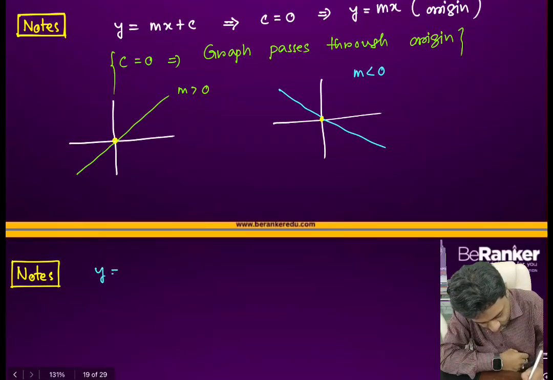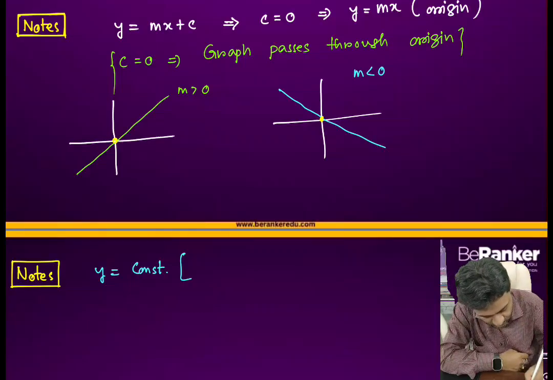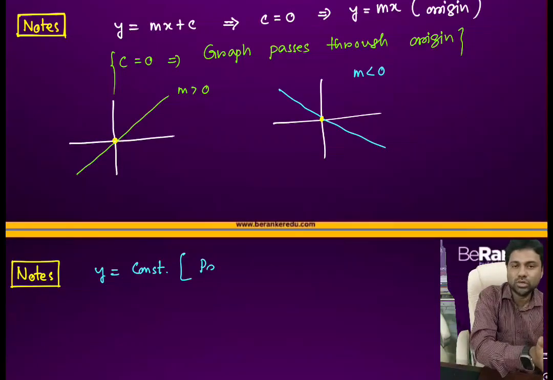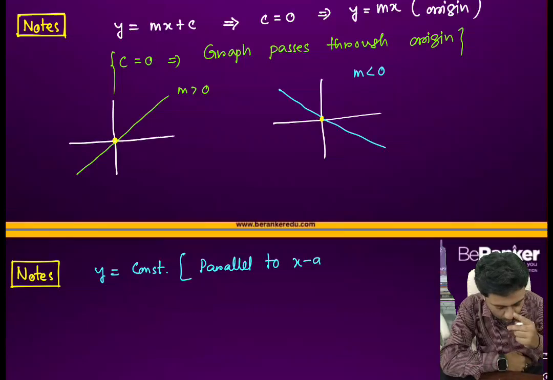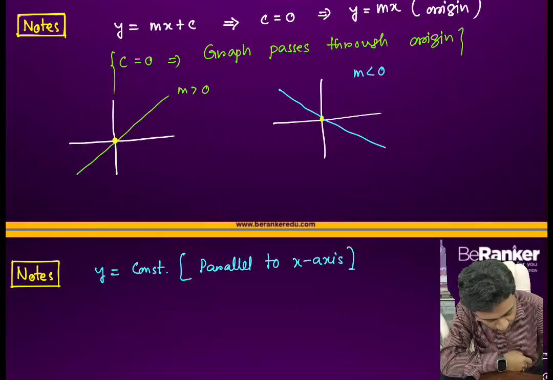A few more notes. What happens if y equals a constant? For any value of x, if y is constant, then the graph will be a line parallel to the x-axis.